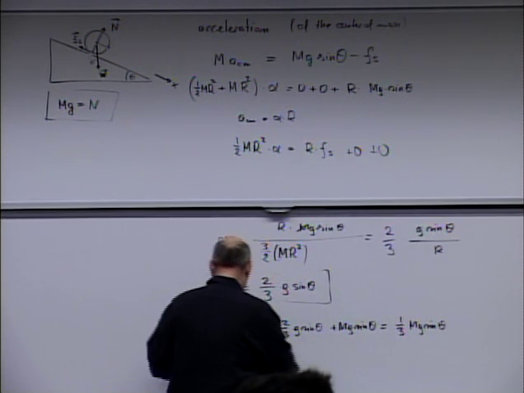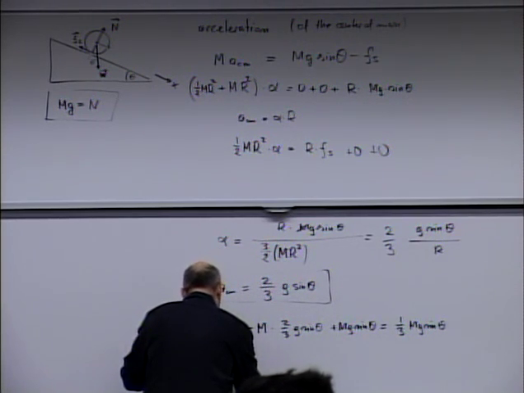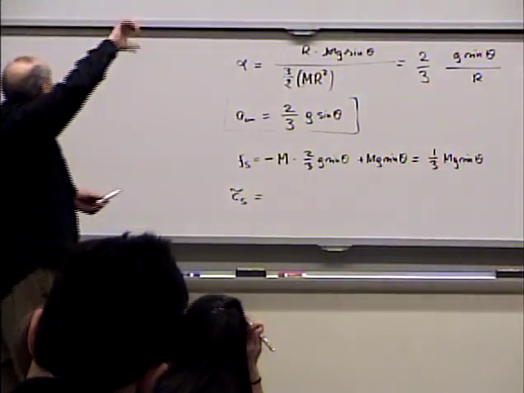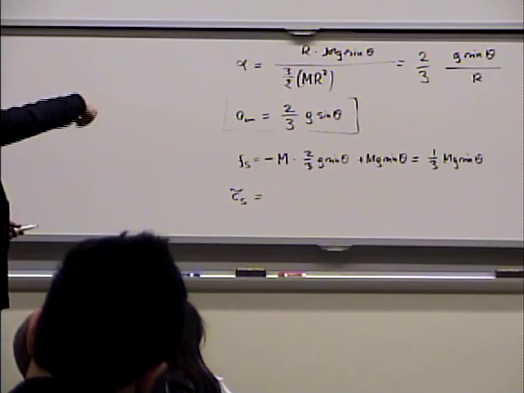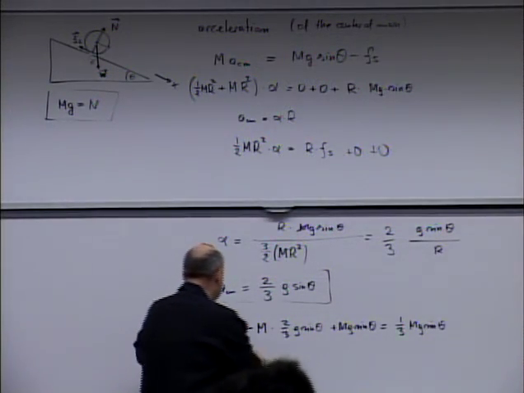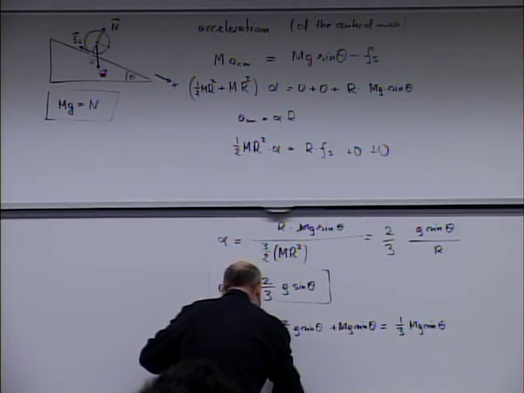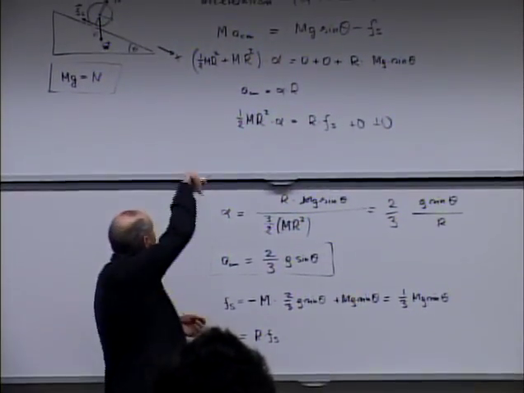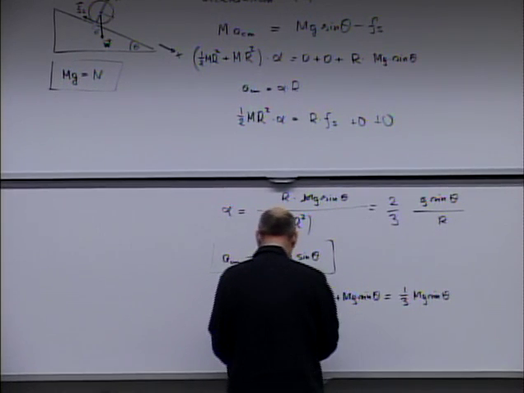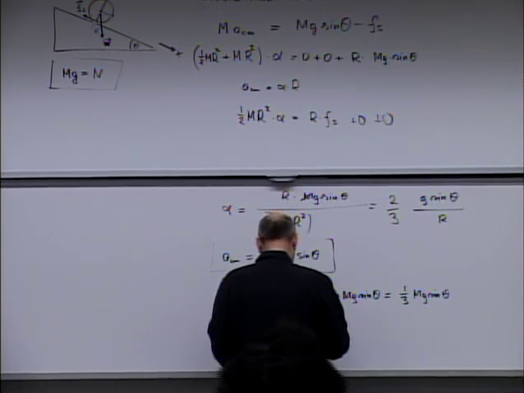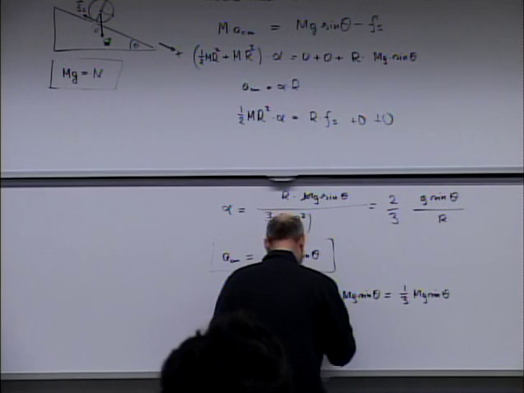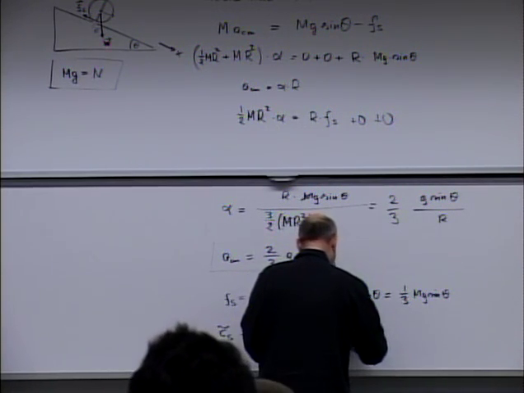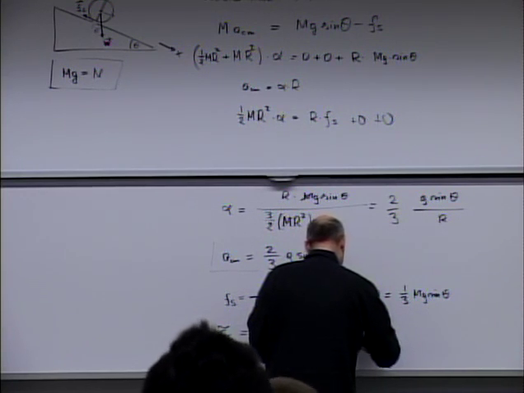So for the frictional torque, I have to multiply frictional force by radius. This will give me the component of the torque, which means that torque is 1/3 radius of the disk mg sine theta.